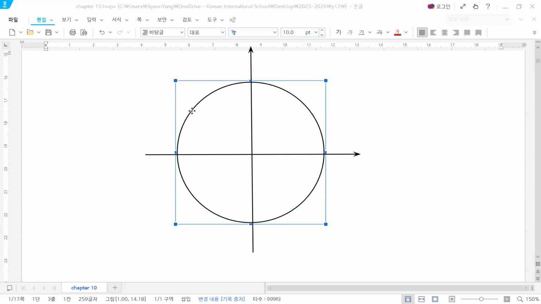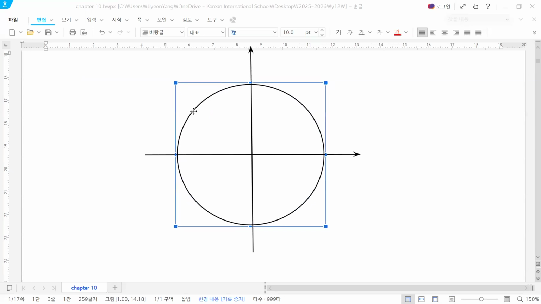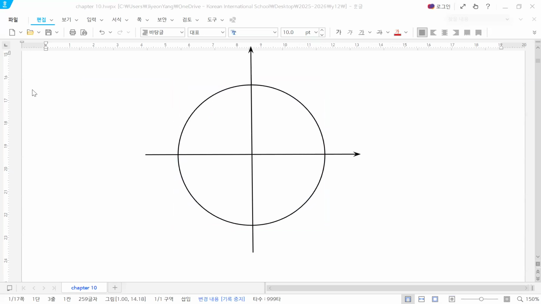And as I told you, the center of this circle is the origin. Then draw a line here. Then I am going to give you one coordinate, which is, let's say, 4,3.